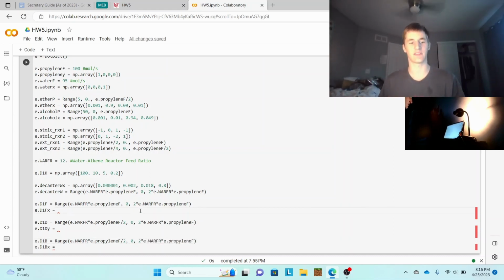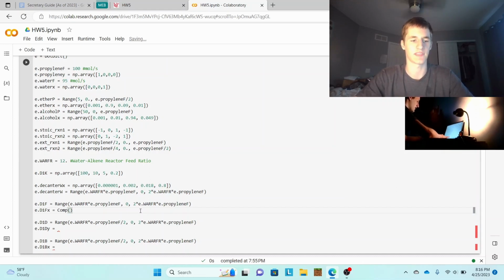Now looking at our mole fractions, because we don't know what it is and it's an unknown value, we want to use comp instead of np.array. And so for this, I'm going to guess about 0.01 alkene, 0.03 ether, 0.06 alcohol, and a lot of water.